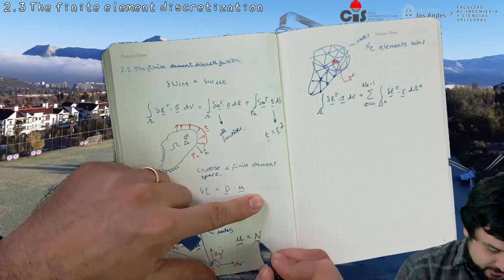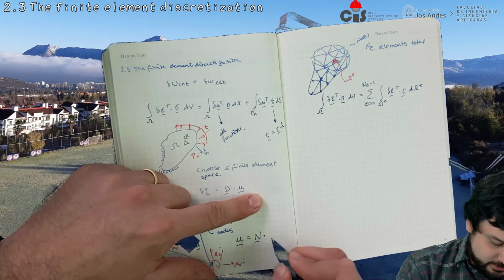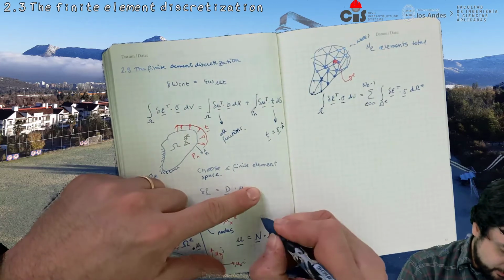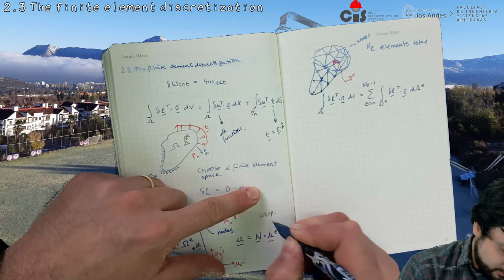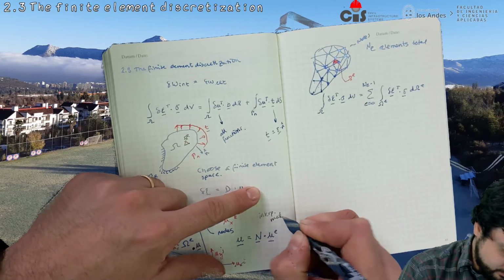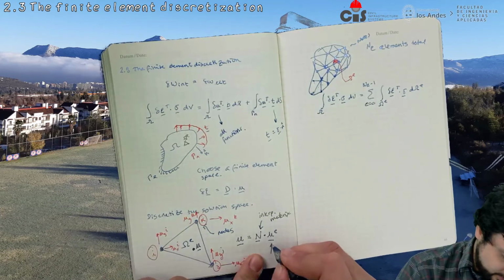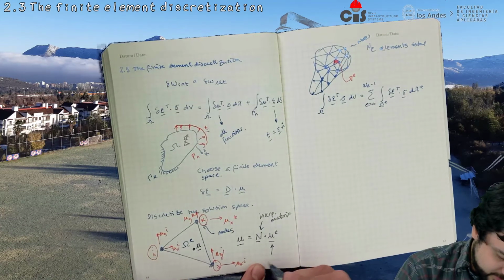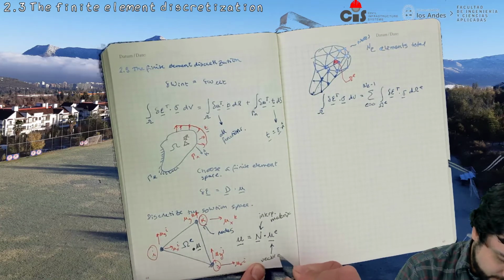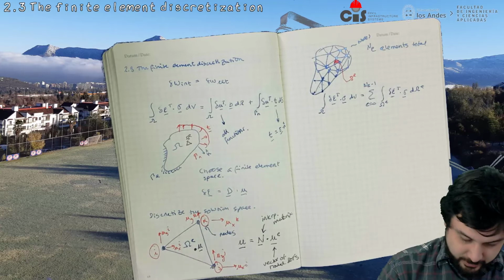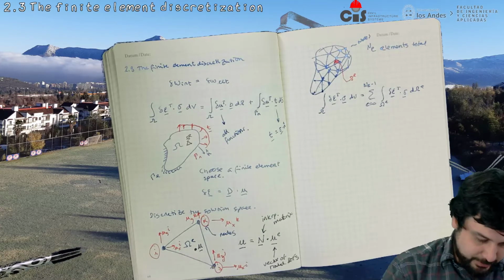It's going to be some interpolation matrix times u_e. Okay, so this is an interpolation matrix, this one, and this is the vector of nodal degrees of freedom.